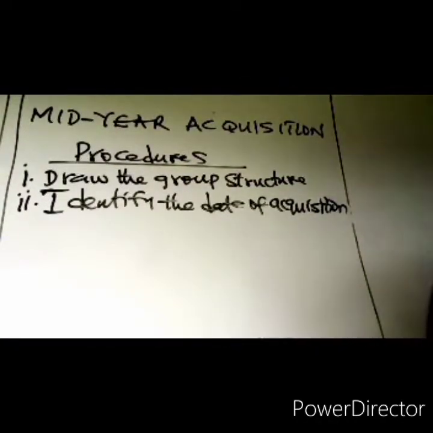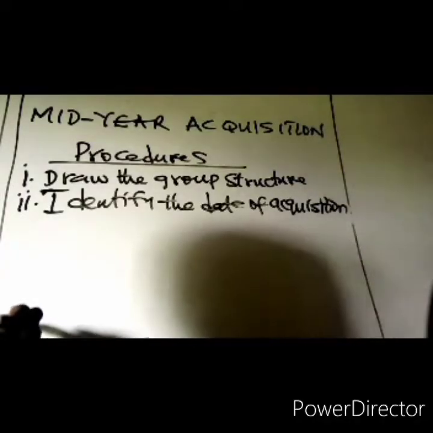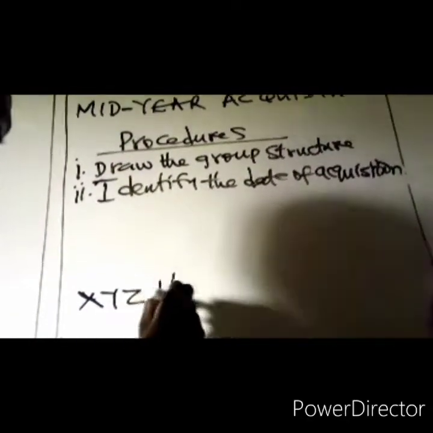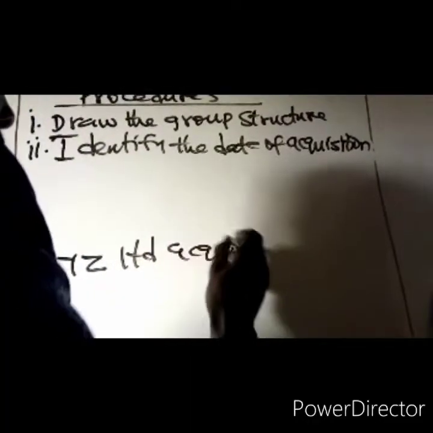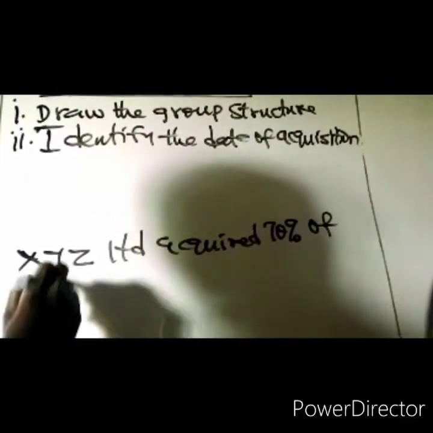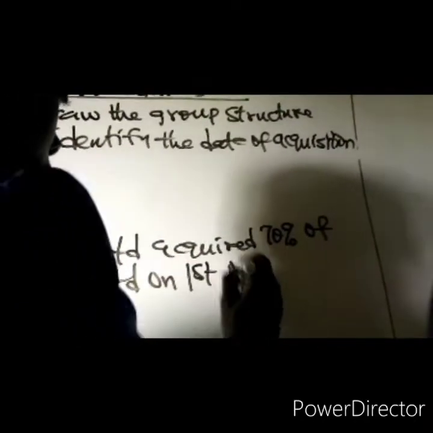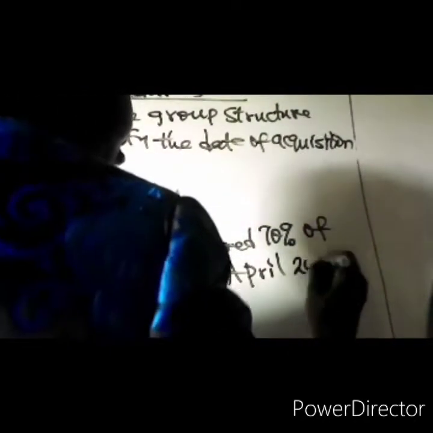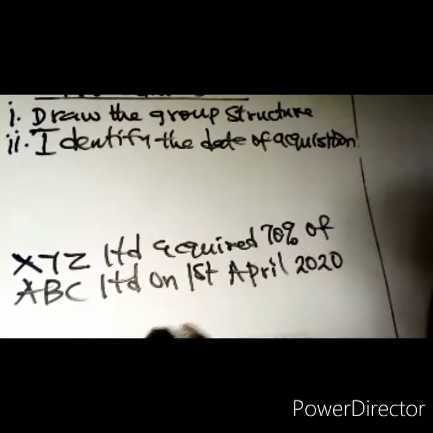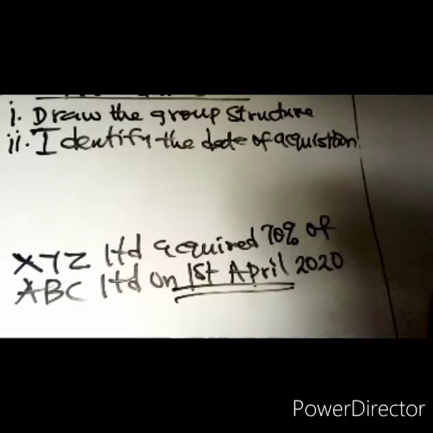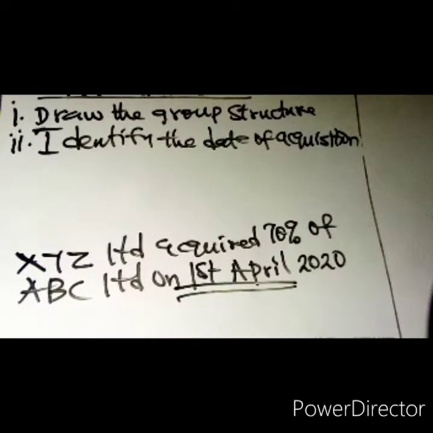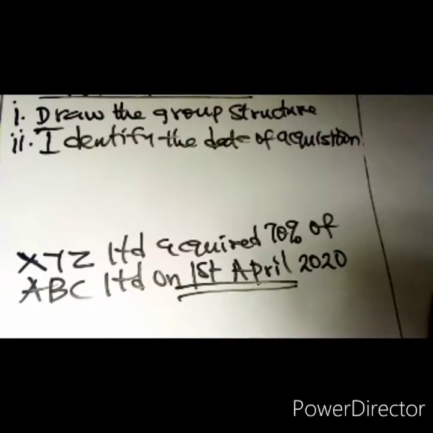So you may be given that XYZ Limited acquired 70% of ABC Limited on 1st of April 2020. So this is the date of acquisition. You identify the date of acquisition.